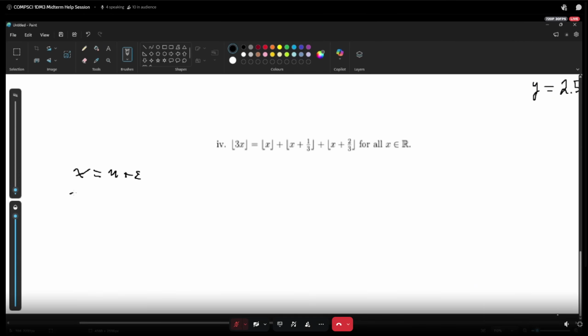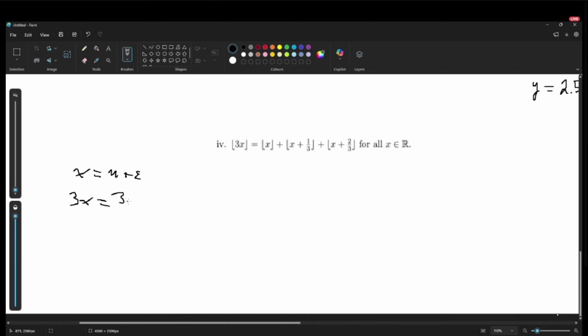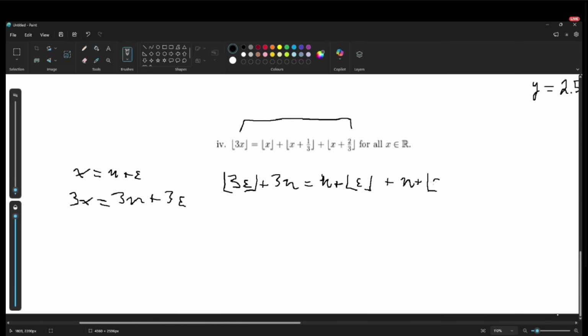Then that means that 3x just becomes 3n plus 3 epsilon. Okay, so now this whole thing reduces down to floor of 3 epsilon plus 3n, right? Equals, and then this should be floored as well, n plus floor of epsilon, plus n plus floor of epsilon plus 1/3, and then plus n plus floor of epsilon plus 2/3.